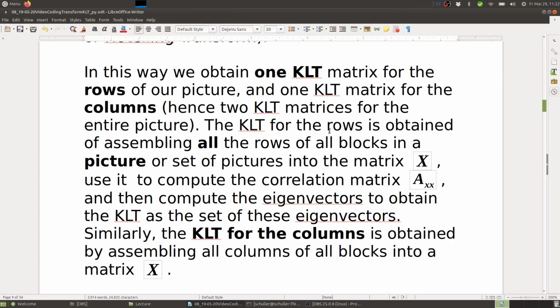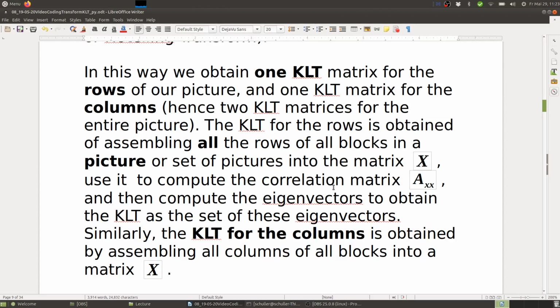The KLT for the rows is obtained by assembling all the rows of all blocks of our picture, or set of pictures, into a matrix X. So these are the snippets, or blocks, of our picture. They are all collected and put into this matrix X. For instance, if we have blocks of size 8, we would go along each row and take snippets of size 8 pixels and put each of those into the matrix X, one after the other.